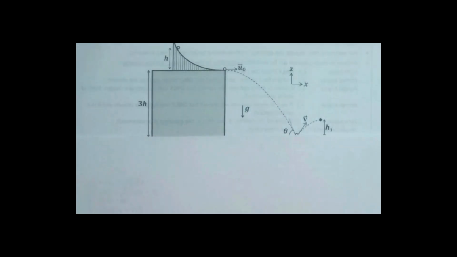Okay, so let's do it. I am going to do it on a separate piece of paper, and I'm going to just redraw this picture, and I will pause this video.